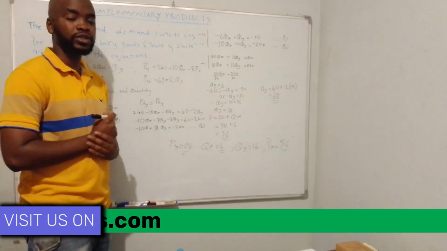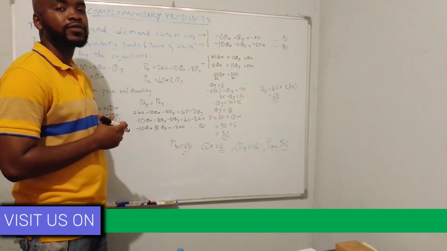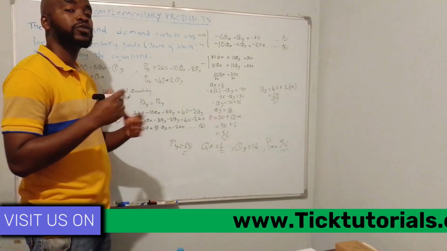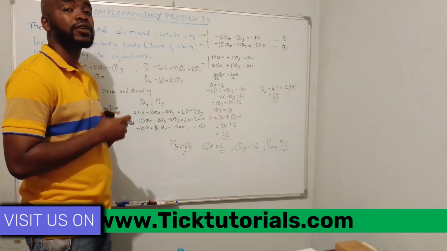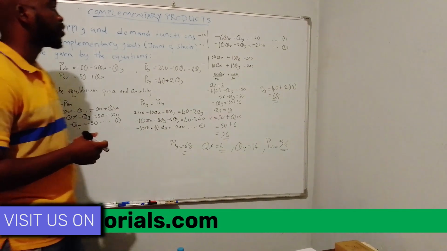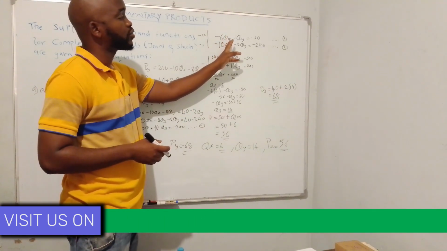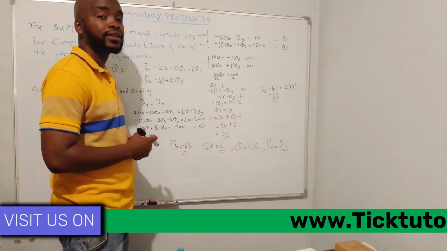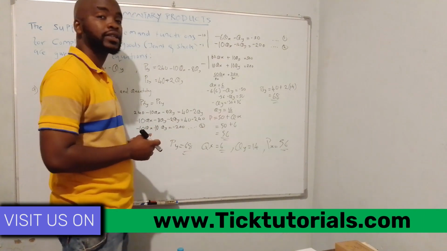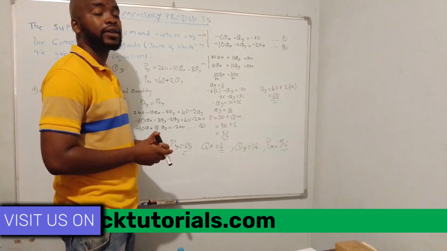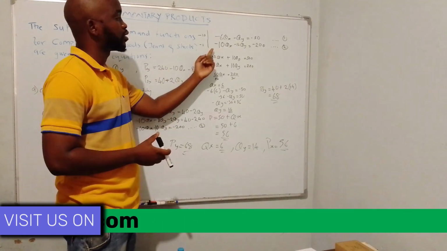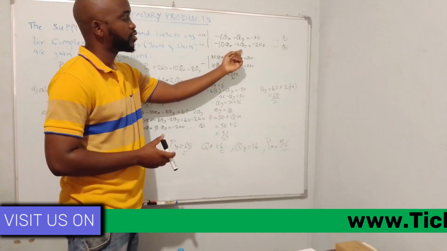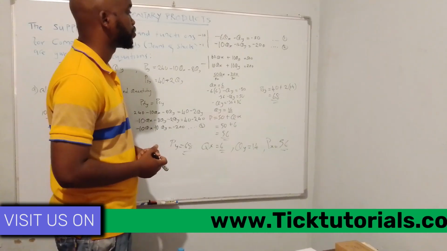So now we have our two equations. All that's left now is to solve these two equations simultaneously. So we're going to get our equation 1, which we got from the supply and demand functions for good x, which gave us negative 6qx minus qy is equal to negative 50. Then we also get equation 2, which we got from the supply and demand functions for good y, which was negative 10qx minus 10qy is equal to negative 200.